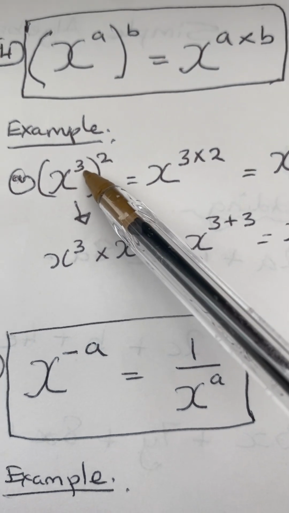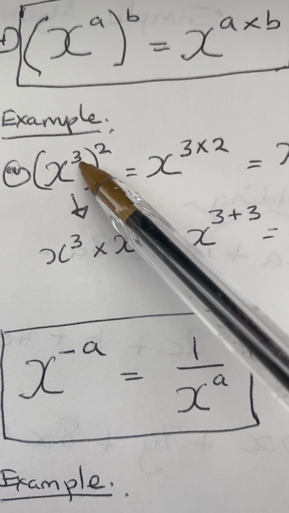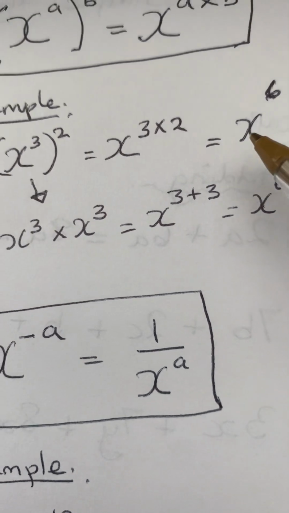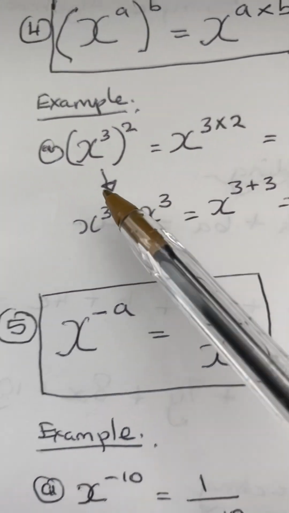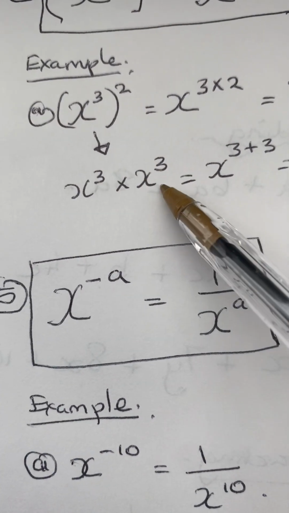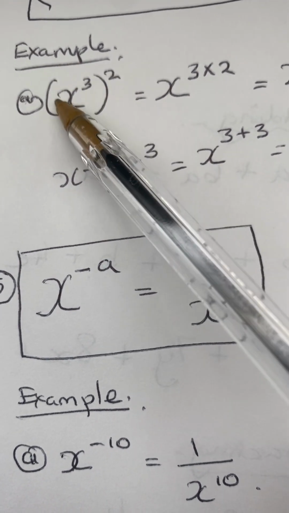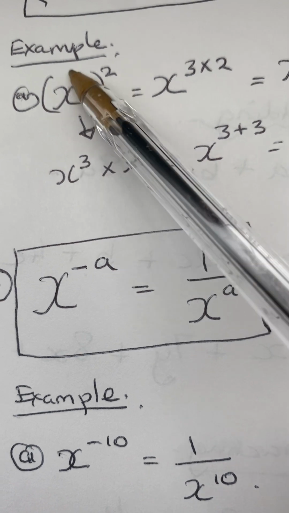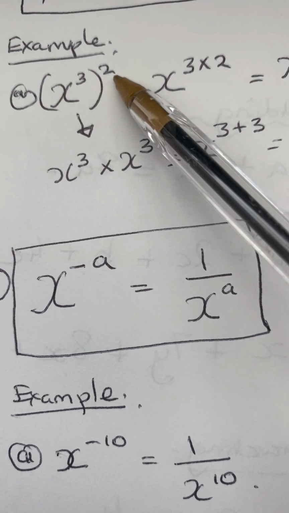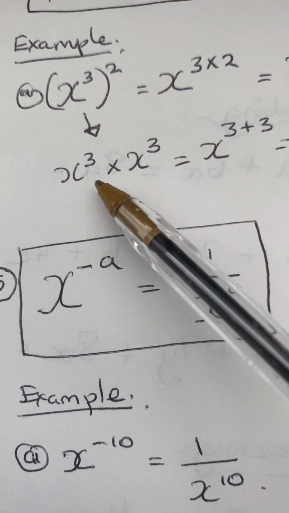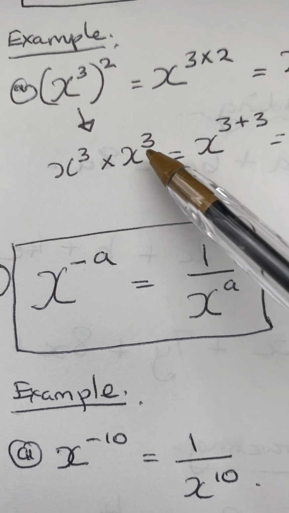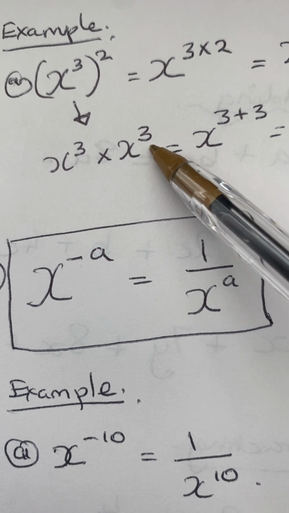You just multiply the 3 and 2 to give you x to the power 6. But I went further to break it down. Assuming x to the power 3 squared, it means x to the power 3 times x to the power 3.